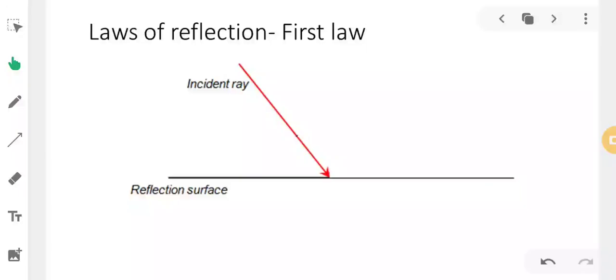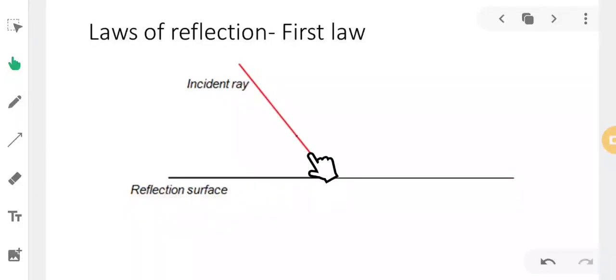Next, we'll discuss laws of reflection. So, what are the two laws of reflection? Starting from the first law, suppose an incident ray falls on a smooth polished surface. This surface is a reflecting surface. Fine.